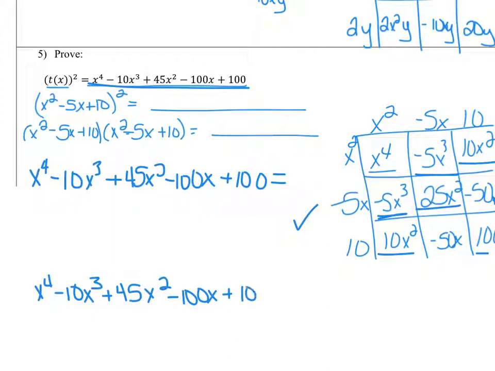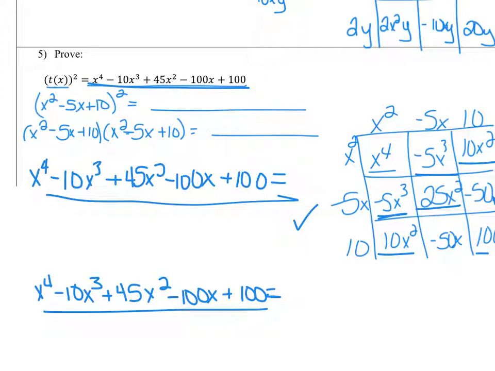I was just worried about doing the math right. So now I have this side that I just did. I have to write that it's equal to this side. So x to the fourth minus 10x cubed plus 45x squared minus 100. Are these the same?